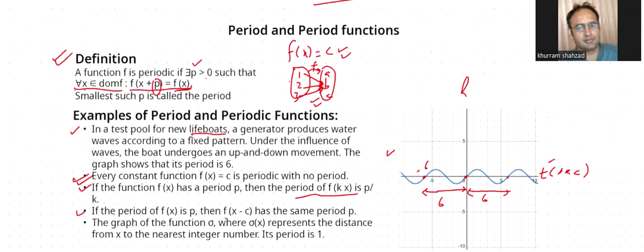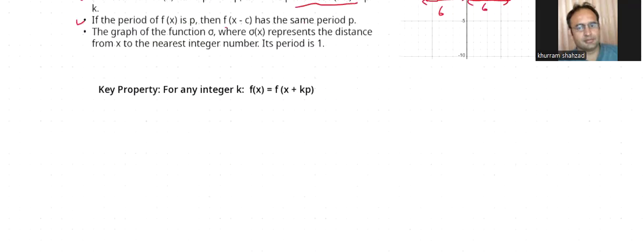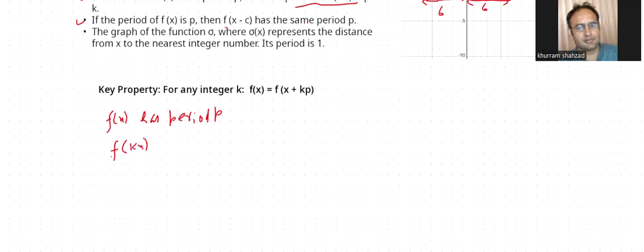I would like to write here: f of x has period p. So then what is the period of f of kx? What is k? k is some real number, any real number.